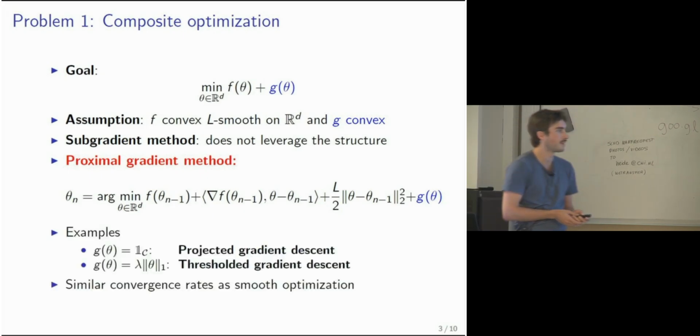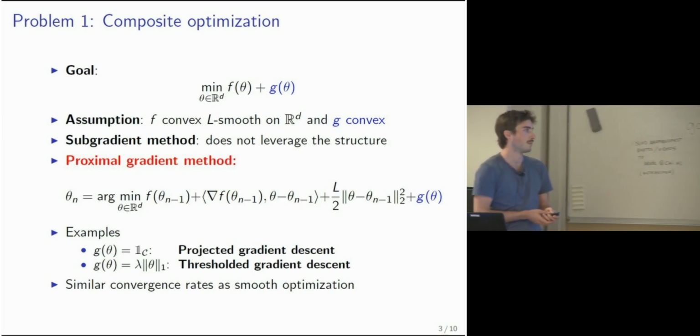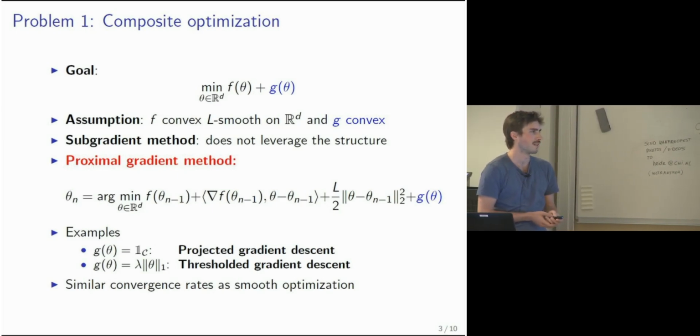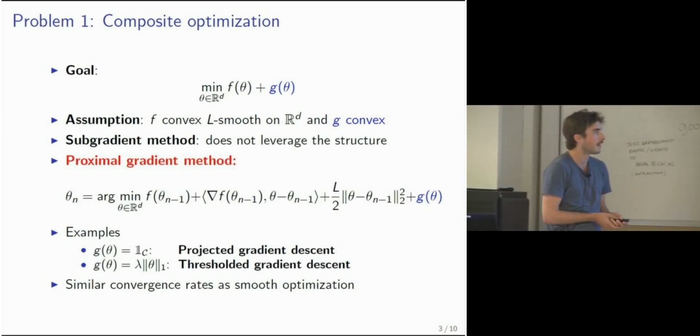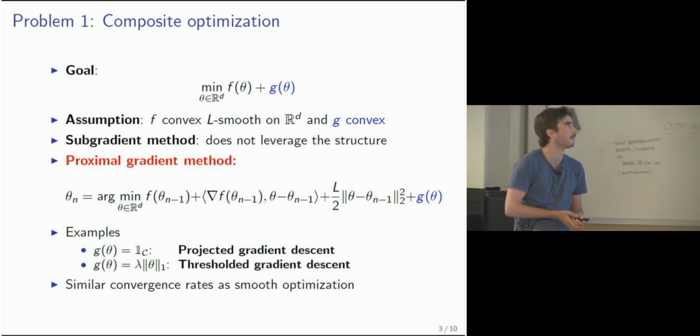For example, if g is the indicator of a convex set, we obtain projected gradient descent. If g is a one norm, we obtain thresholded gradient descent. And we obtain a similar convergence rate as for smooth optimization. So we obtain the same result whether there is g or not. This was the first problem.